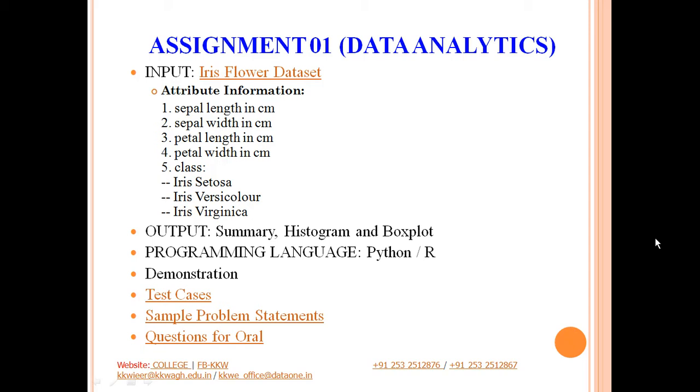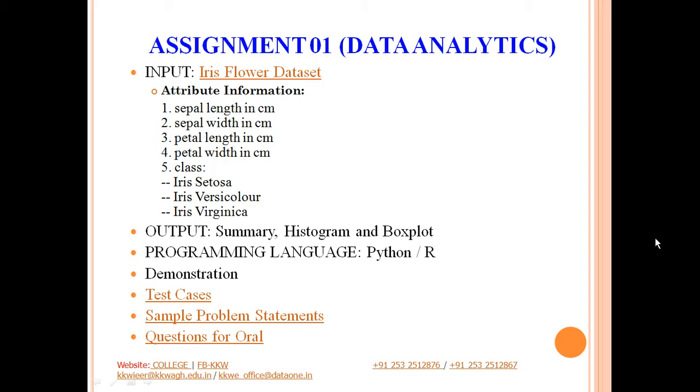The first one is sepal length in centimeters, second is sepal width in centimeters, third is petal length in centimeters, fourth is petal width in centimeters, and the last one is the class. That means depending on the previous 4 features, the iris flower can be either iris setosa, iris versicolor, or iris virginica. So the last column is our class, that is which type of iris flower it is.